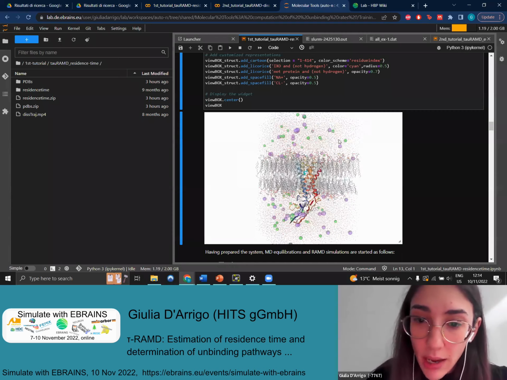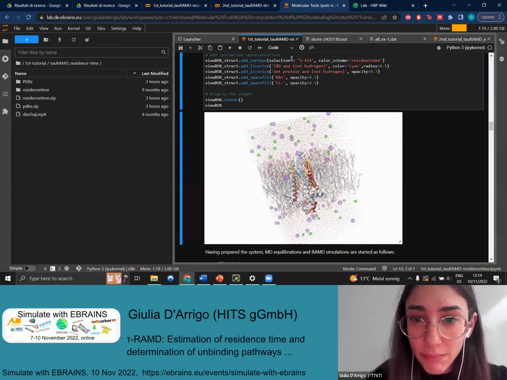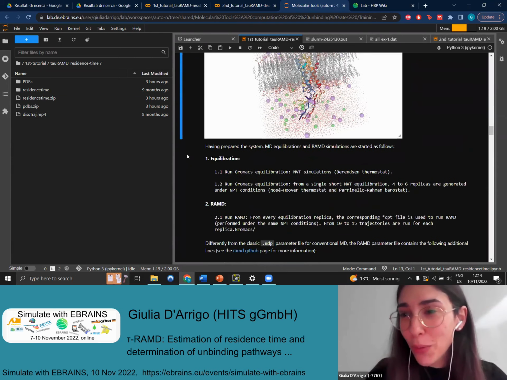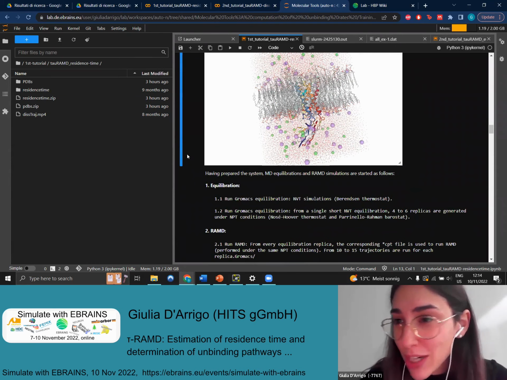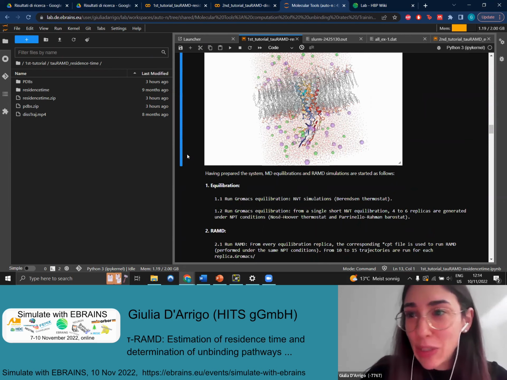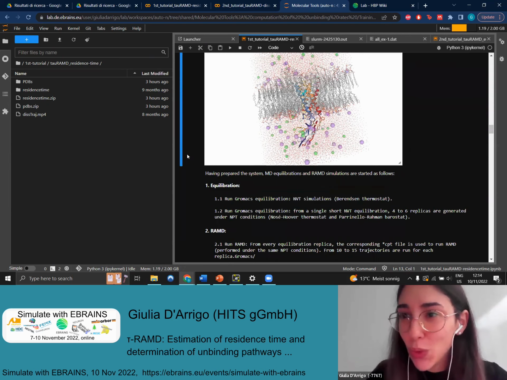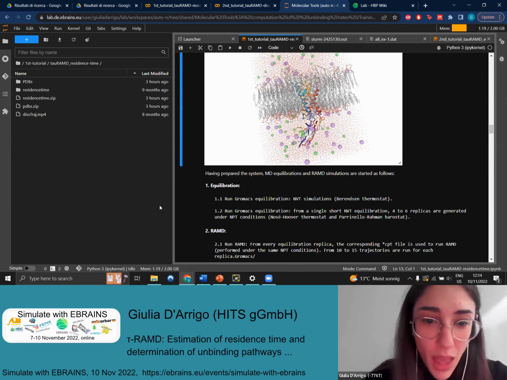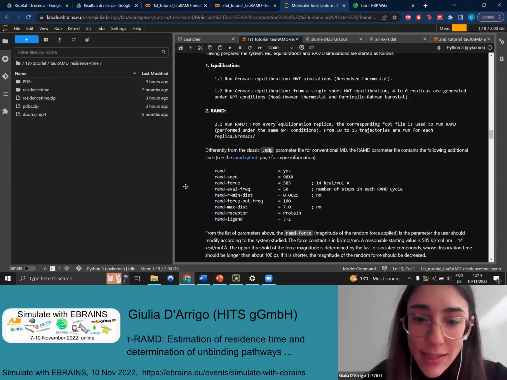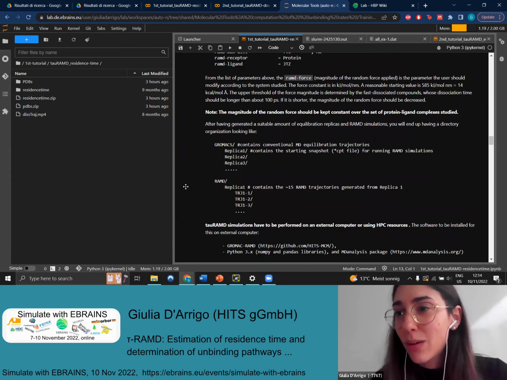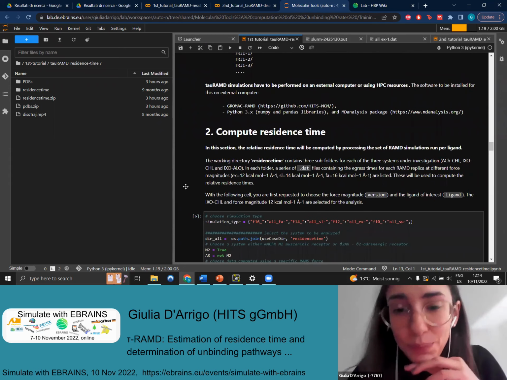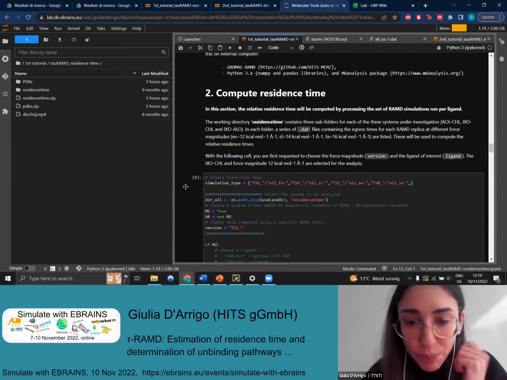Of course, between this step and the next step there is the overall preparation of the molecular dynamics simulation that, as I said, you would do pretty much as for any other case, and you could also do as Adam has shown in the previous session. So let's say we have run our RAMD simulations, our RAMD trajectories, and we need to post-process the output.